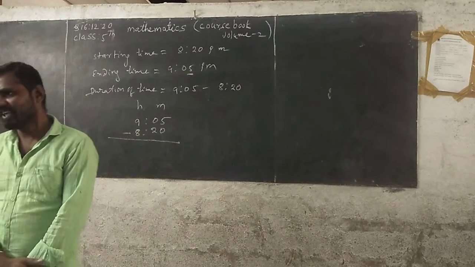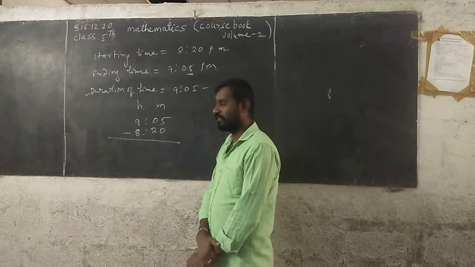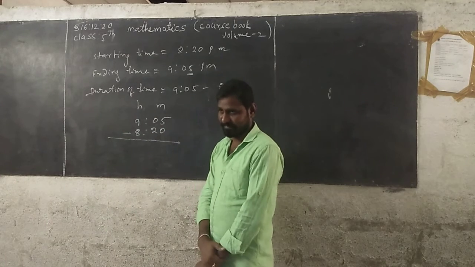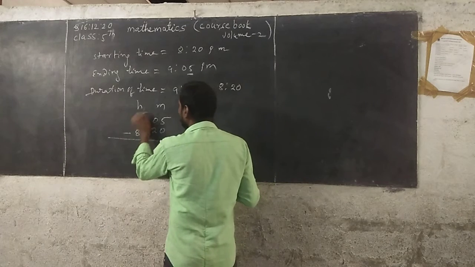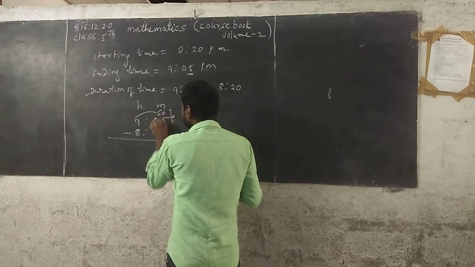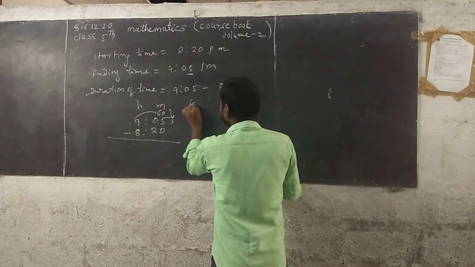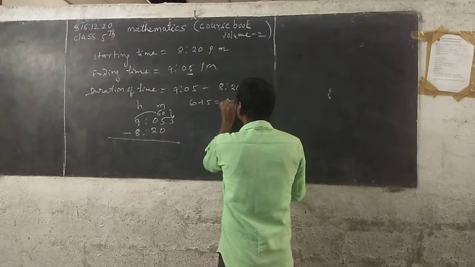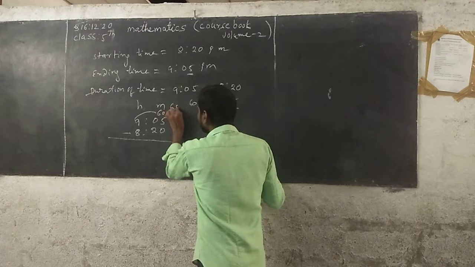What do I have to do? You can take 1 hour from the hours column. 1 hour is equal to 60 minutes. So 60 minutes plus 5 minutes, you get 65 minutes.